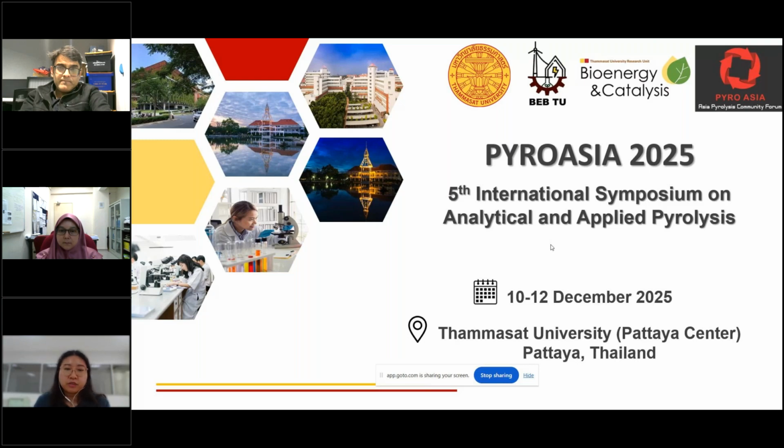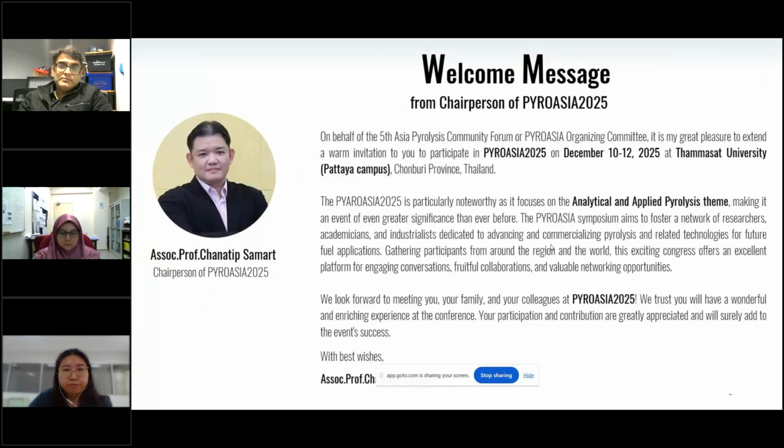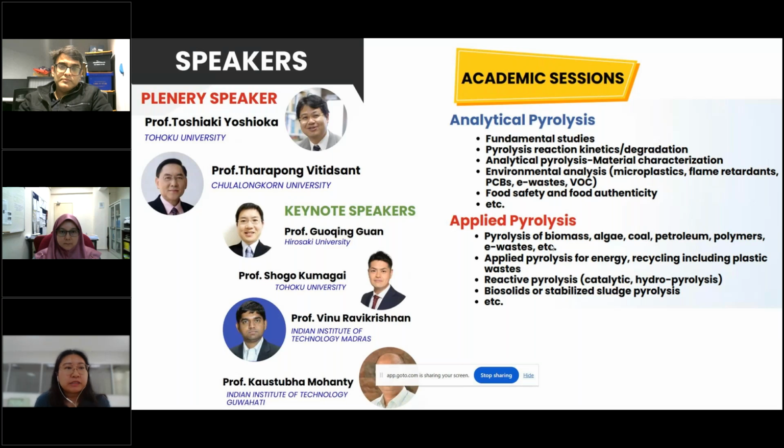The conference will be held on 10 to 12 December at the end of this year. We're going to organize it at Thammasat University Pattaya Center in Pattaya City, Thailand. In the conference this time, we will have panelist speakers, Professor Yoshioka from Tohoku University and Professor Trakung Witisat from Chulalongkorn University.